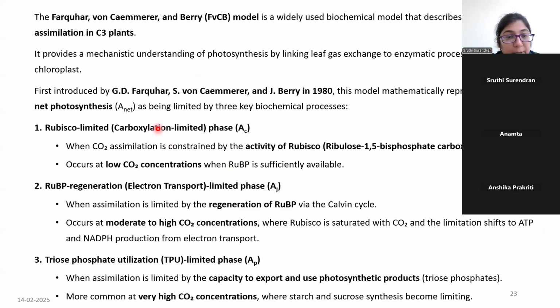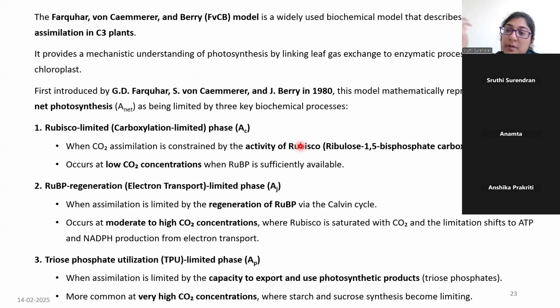We get this in the first phase of the ACI curve. So at low carbon dioxide concentration, when RuBP is sufficiently available, this will matter. If the Rubisco activity is less, even if there is a lot of carbon dioxide, it will not be able to fix the carbon dioxide. It is only with the help of Rubisco that RuBP can attach itself to carbon dioxide.